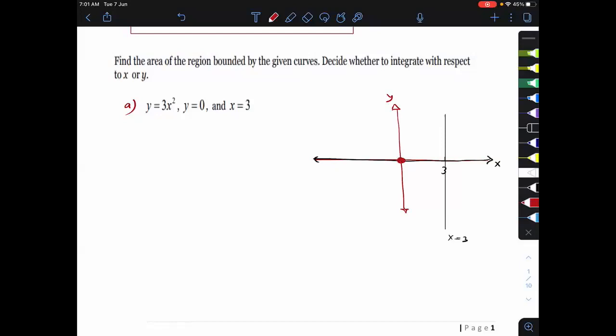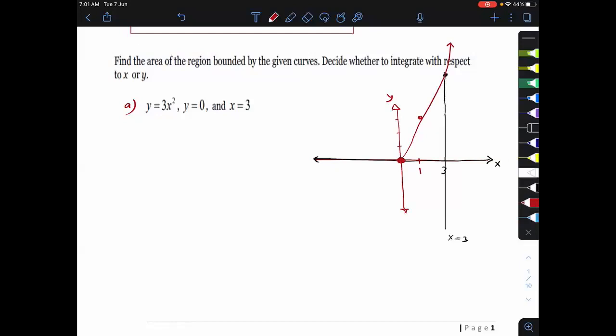So this is the first point. When x is 1, the y is what? The y is 3. And when x is 3, the y is 27, right? So I mean that the 27 is here, and then connecting the points will be a curve like this. This is one branch of the parabola.